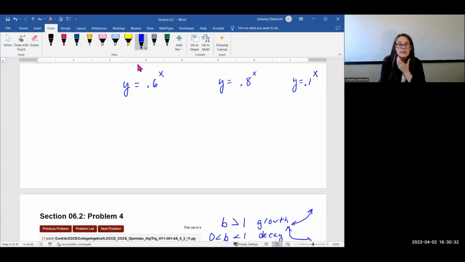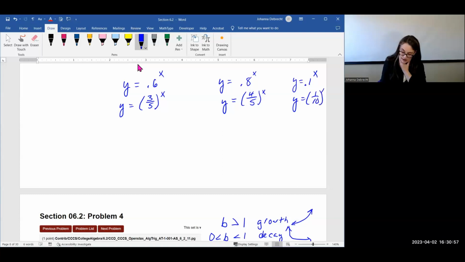Now, if I write these as fractions, I can write 0.6 as 6 over 10, or I can reduce that to 3/5. So this is the same as 3/5 to the x. And 0.8 is 8/10 or 4/5. So this becomes 4/5 to the x. And 0.1 is 1/10. So this becomes 1/10 to the x.